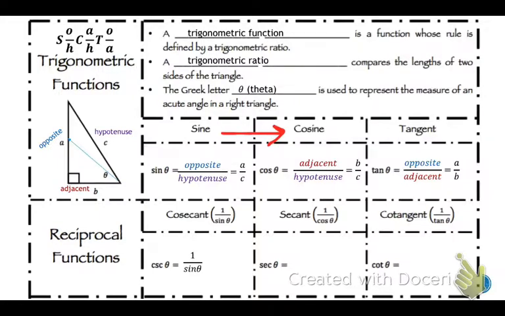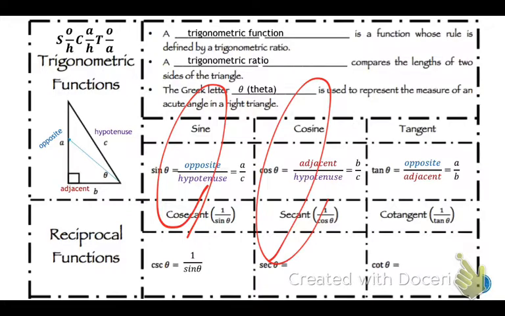Cosine is the co-function of sine, and cosecant is the co-function of secant. One way to remember this is S and C: sine has to go with cosecant, and cosine has to go with secant. They both have to have an S and a C in there. Tangent and cotangent make sense.